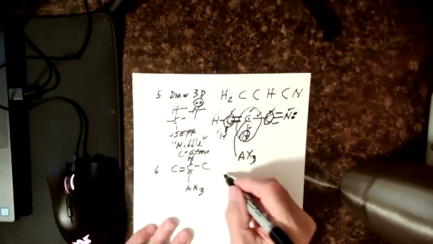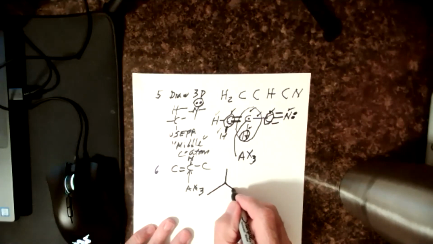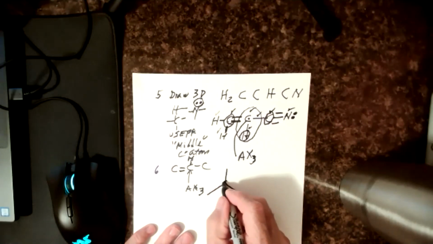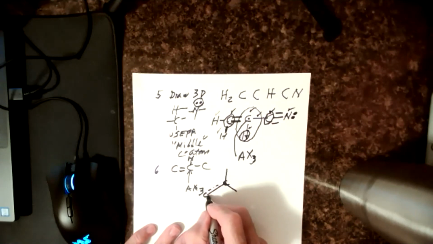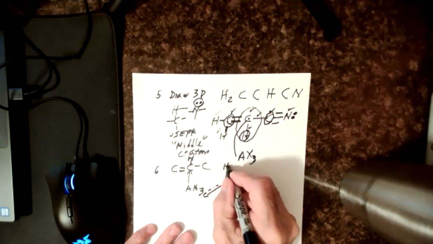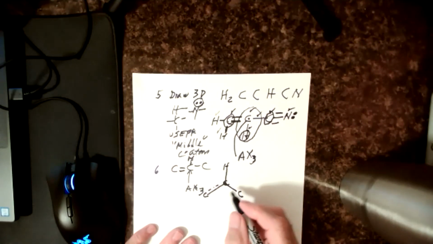That's what's important. What I'm going to do now is draw what AX3 is. That's trigonal planar. 3 things attached are in a trigonal plane. There's 1 carbon here. This is going to actually be the double bond to this carbon. This is going to be a hydrogen, and this is going to be the other carbon that's got the nitrogen on it. So what is the angle for AX3?